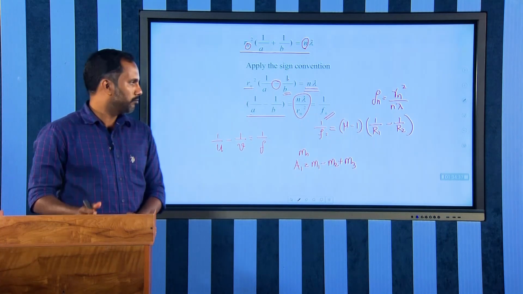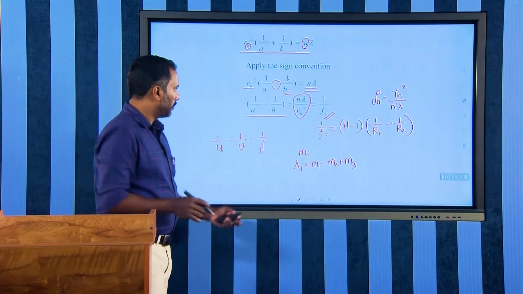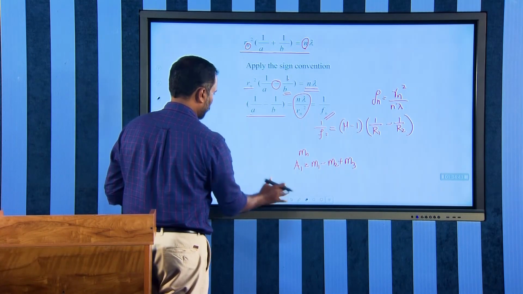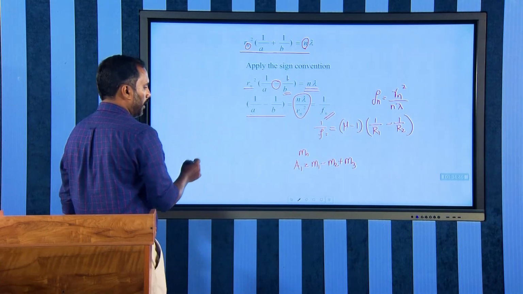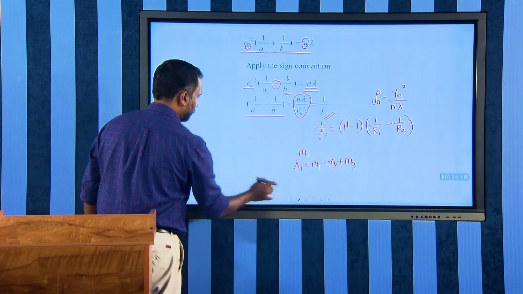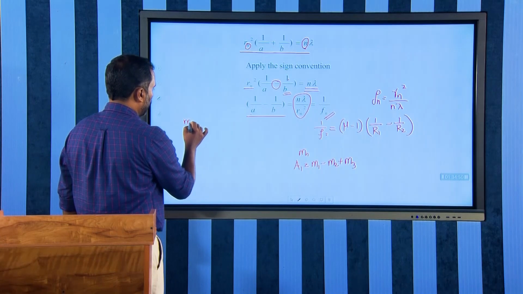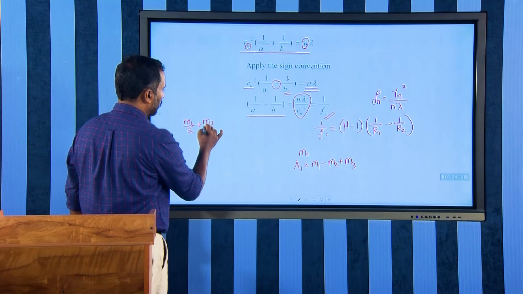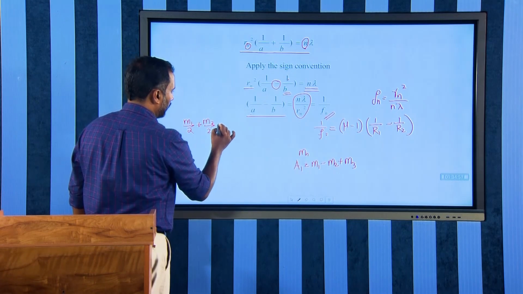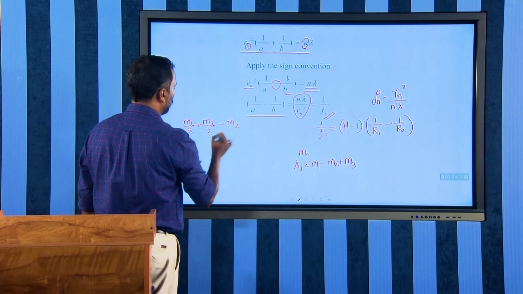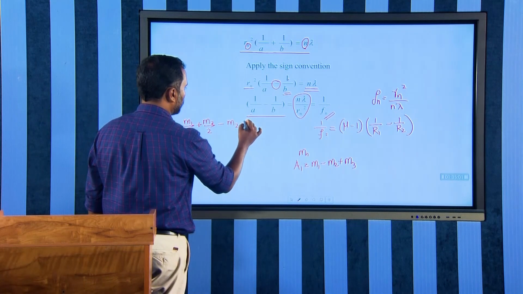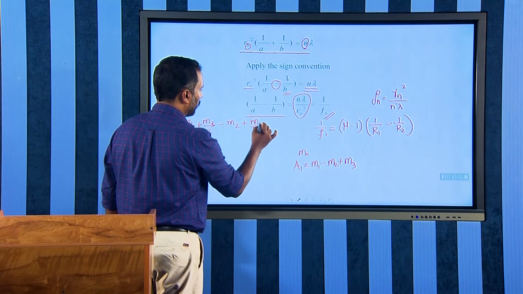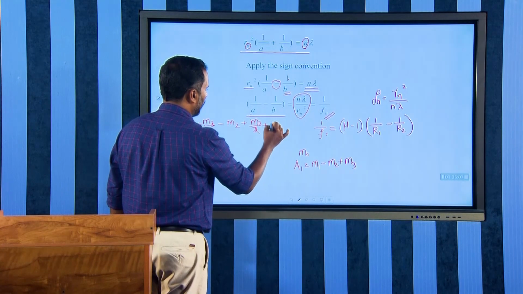You can write it like that: m1 can be written as m1 by 2 plus m1 by 2, and that minus m2, plus, now m3 again I am splitting into m3 by 2 plus m3 by 2.